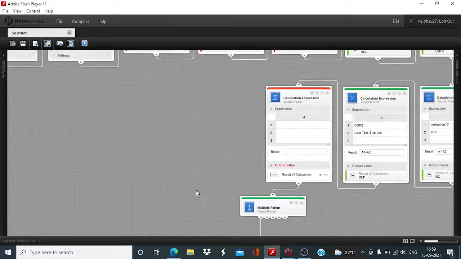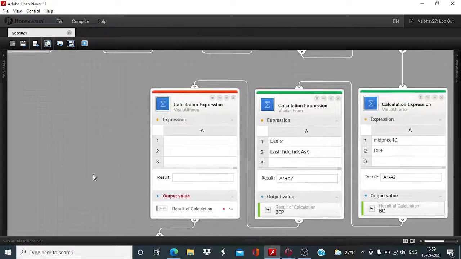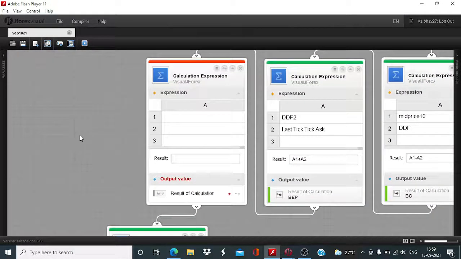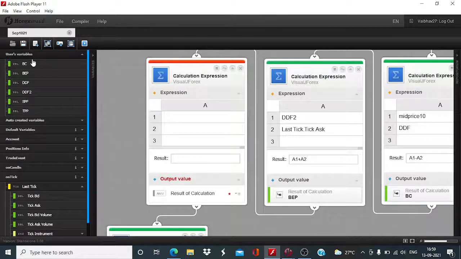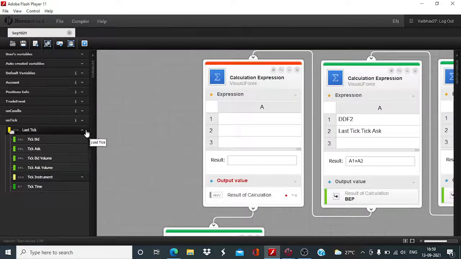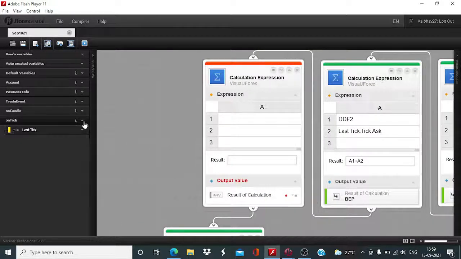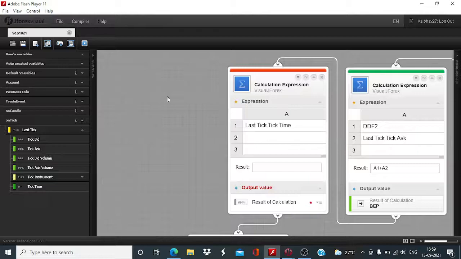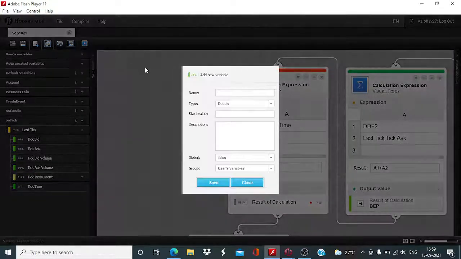Okay, and now coming to the calculation expression with price 10. For creating the order validity of 4 hours, we are going to need last tick time, and we have to create 2 new variables. The first variable will have the start value of 3.6 million. Let me check.